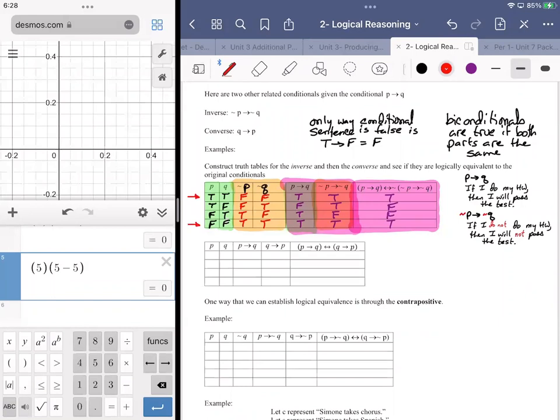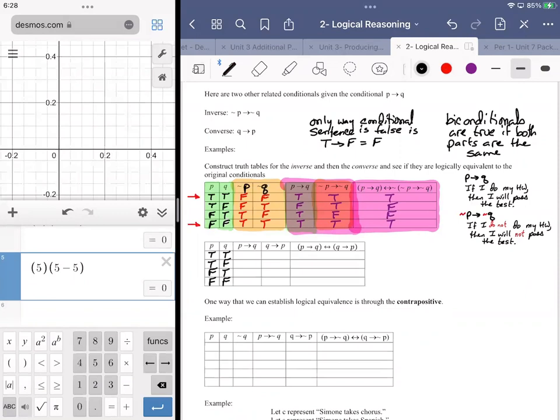Right? Now, the next one is the converse. Converse is where you switch the two parts of a conditional sentence, the premise and the conclusion. Right? But a lot of it's the same. We still get our P's and Q's. So true, true, false, false, true, false, true, false.